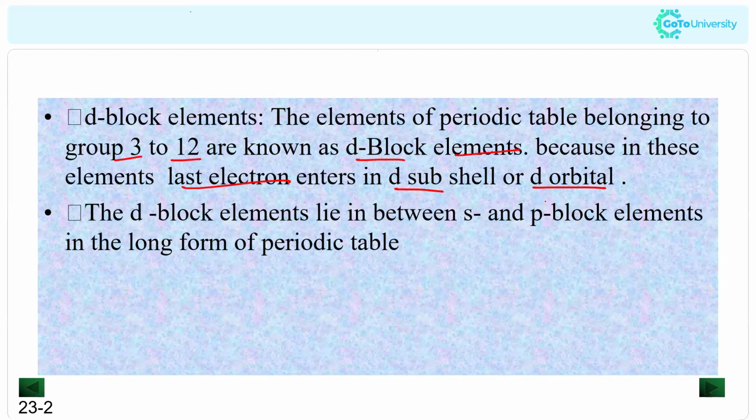So this is the definition for d block elements: the elements from group 3 to group 12, in which the last electrons are filled in the d subshell or d orbital.